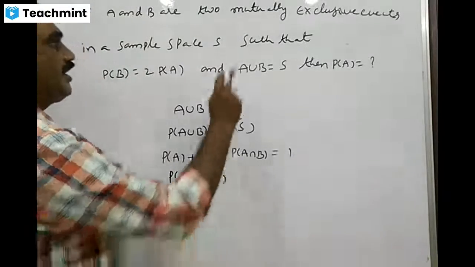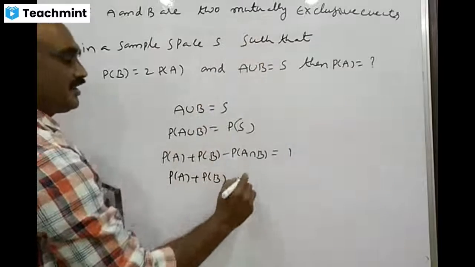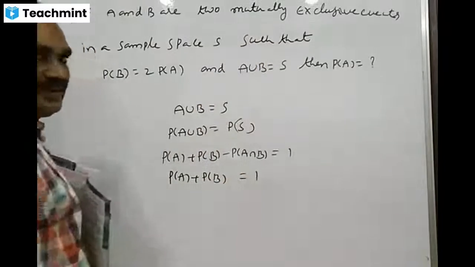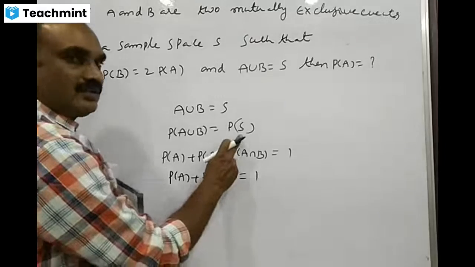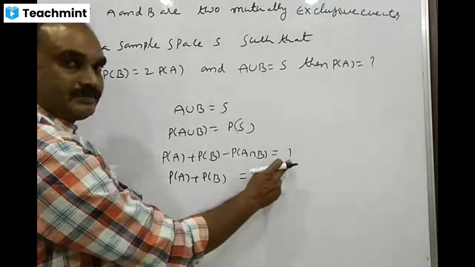So here A and B are mutually exclusive, P of A intersection B is also 0. So P of A plus P of B is equal to 1.